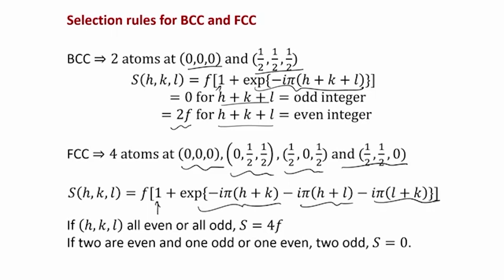That tells us that for h k l to be all even or all odd, for example 2 2 0 or 1 1 1, we get a scattering intensity equal to 4f. If 2 are even and 1 is odd, or 1 even and 2 odd, we get the scattering to be 0, because these would cancel with the 1 and we will not get any scattering.